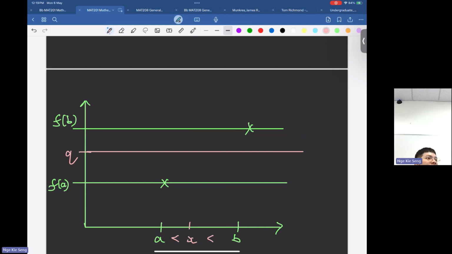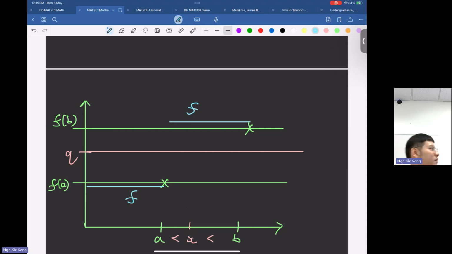Why? It says if f is continuous. Try and think about this. If f is not continuous, is this true or not? I can define some function like this, a discontinuous function, and then my function wouldn't pass through q.